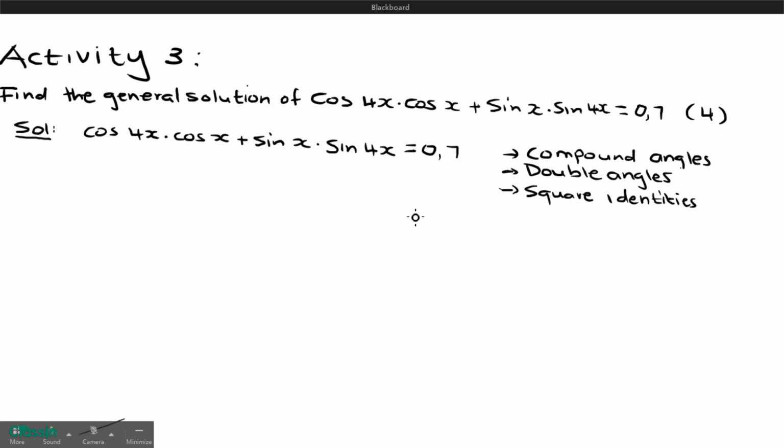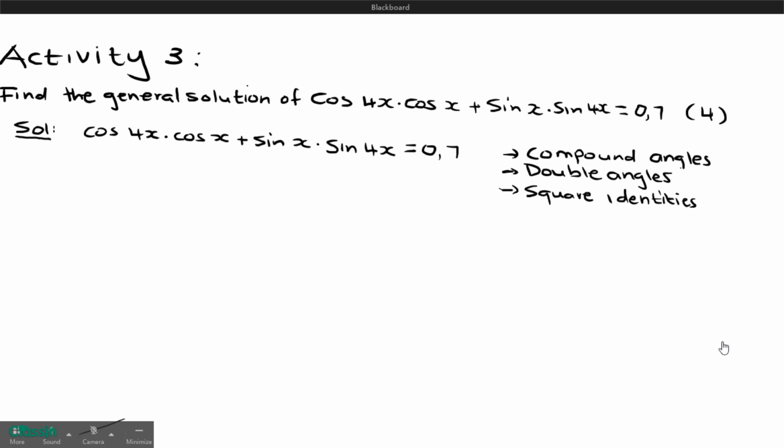Looking at this question, we need to identify one of the 3 elements: the compound angle, the double angle, and the square identities. These are the 3 things that we can change as much as we are working with ratios.